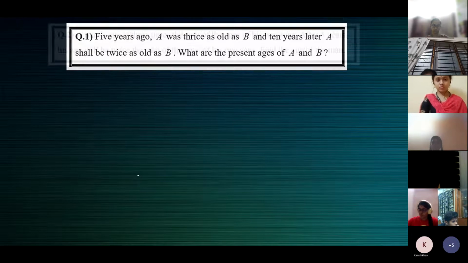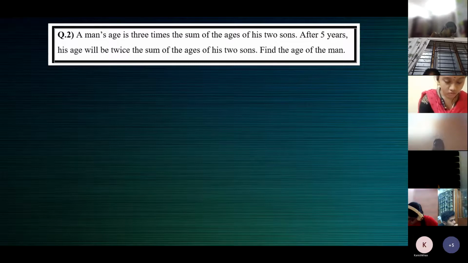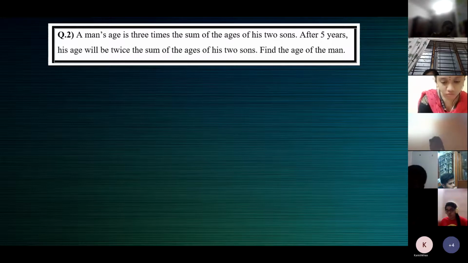All right, let's go to the next one. A man's age is 3 times the sum of the ages of his 2 sons. After 5 years, the man's age will be twice the sum of the ages of his 2 sons.